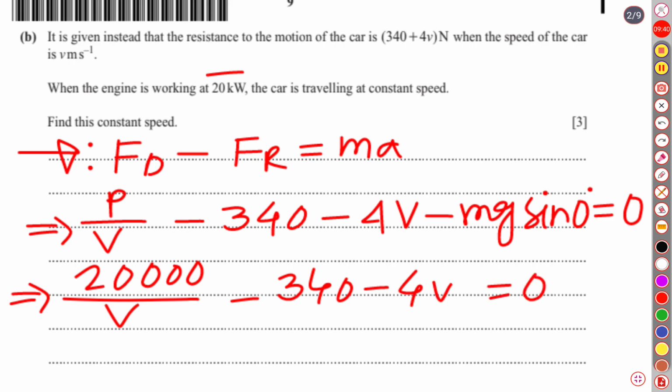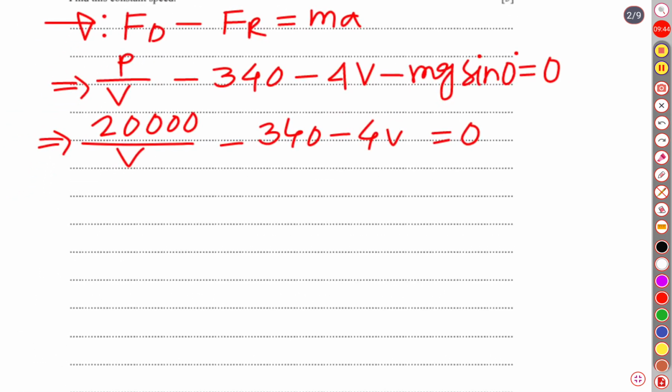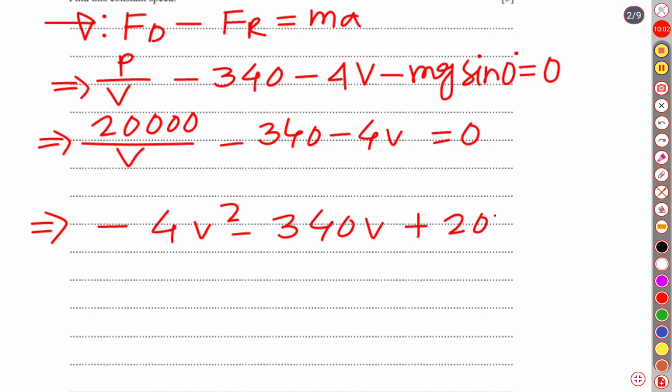If we multiply every quantity by V, it is going to be negative 4V square minus 340V plus 20,000 equal to 0.